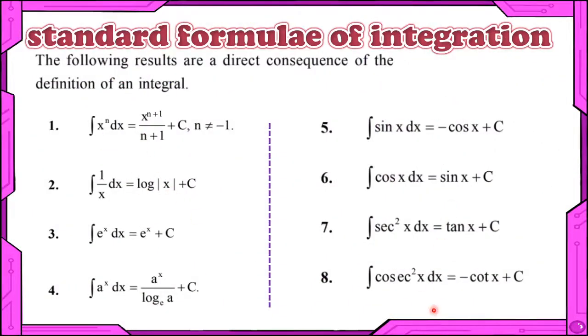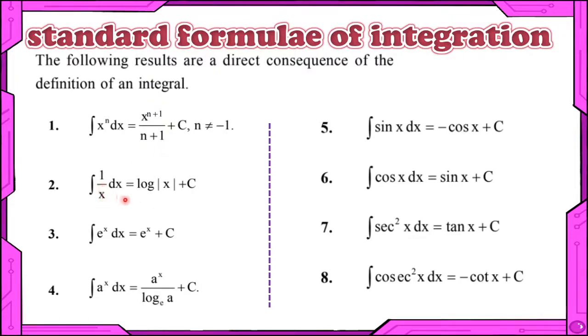Here is a list of formulae. Students, you have to learn it. The integral of x^n dx, this is the basic, main first formula: x^(n+1)/(n+1). If you remember, students, in differentiation we used to subtract 1 from the power. Here we have to add 1 to the power and divide by the same number.